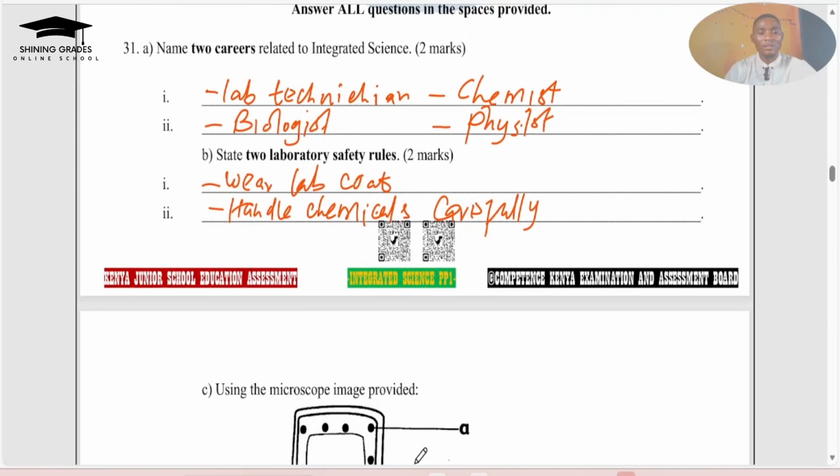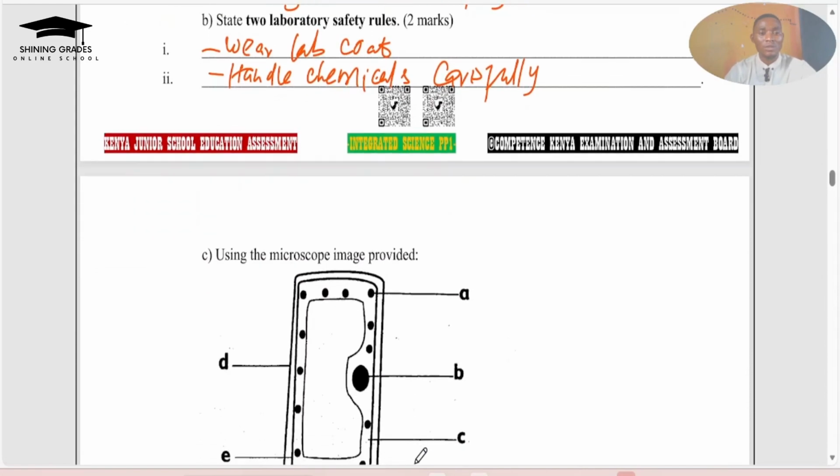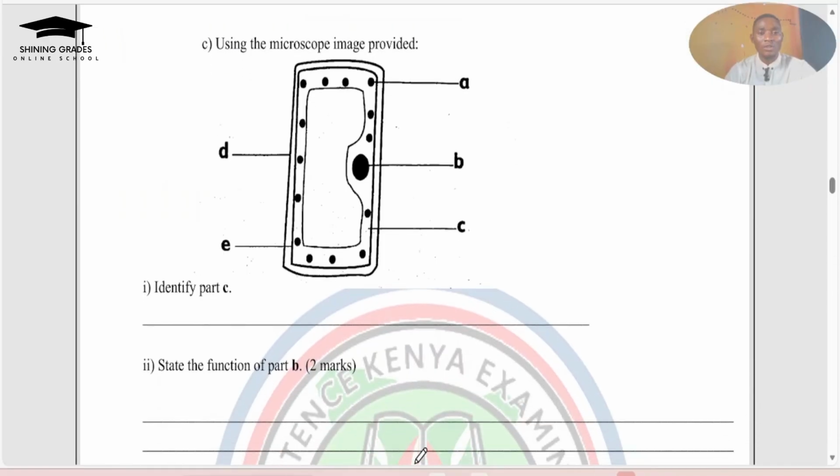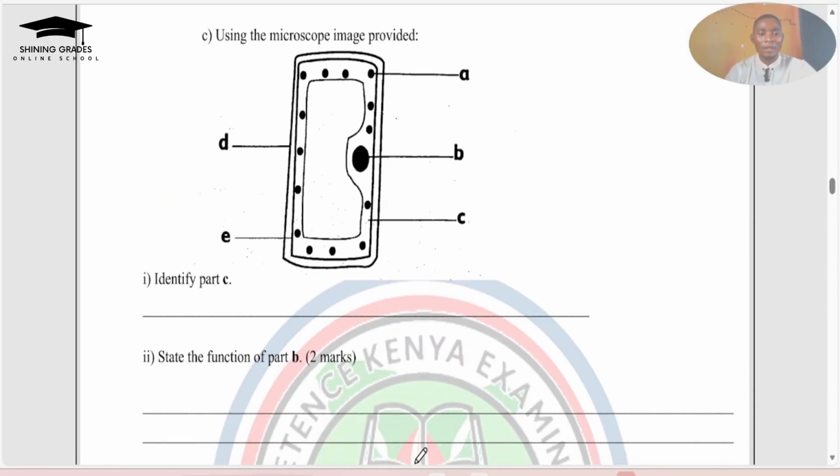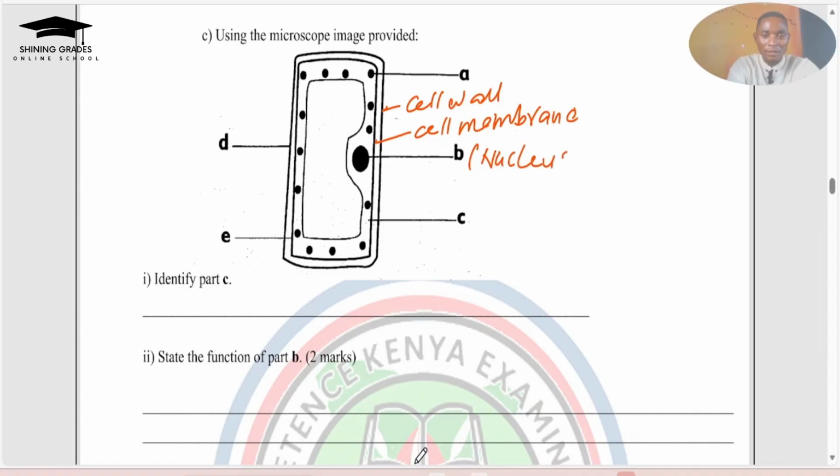Question 31, section C. Using the microscope image provided, identify part C. Learners, this is a plant cell, and we have some of the parts being labeled. So from outside, we have the cell wall. Then we have the cell membrane. Then we have the nucleus. Then we have one of the organelles that we call the chloroplast.